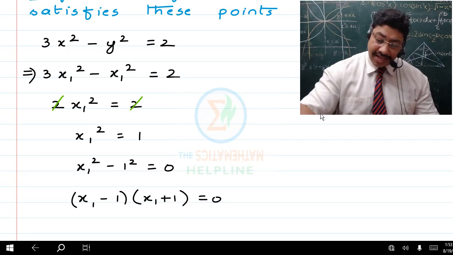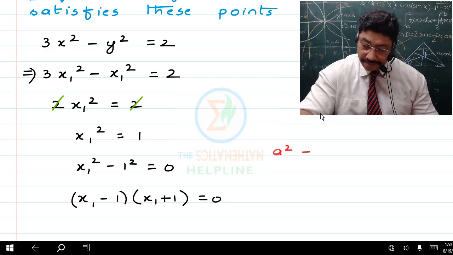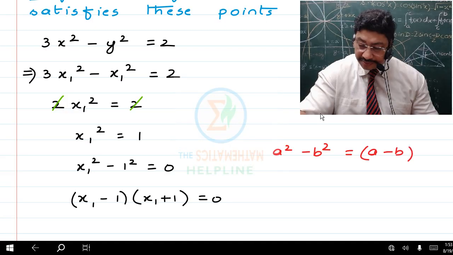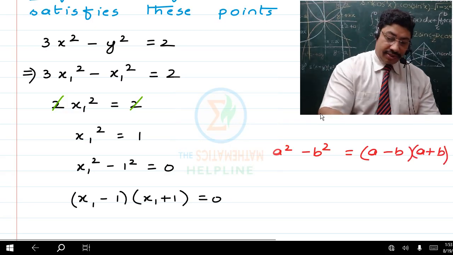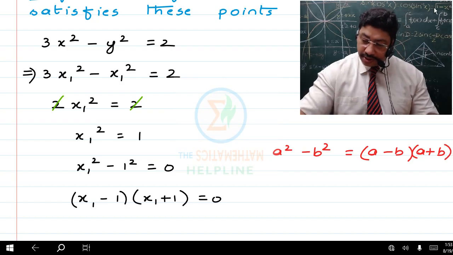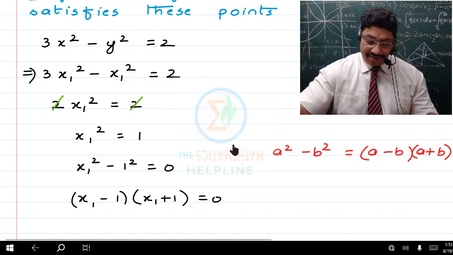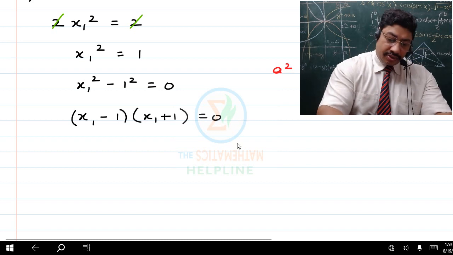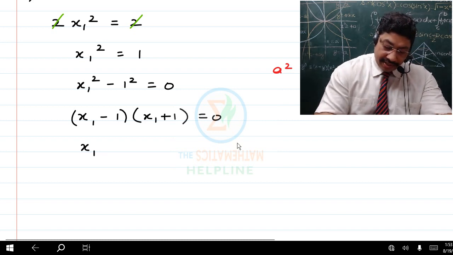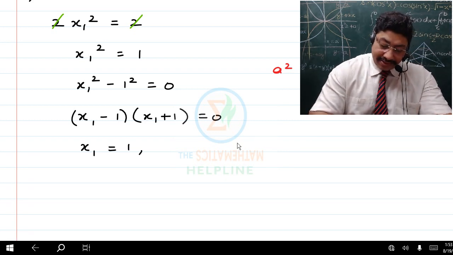Because you know this, that if you have a square minus b square, children, then that is equal to a minus b times of a plus b, right? And that is the reason why you can now write here the value of x1 that you found out. The first value of x1 is 1, and at the other time it is minus 1 by applying the zero product rule.